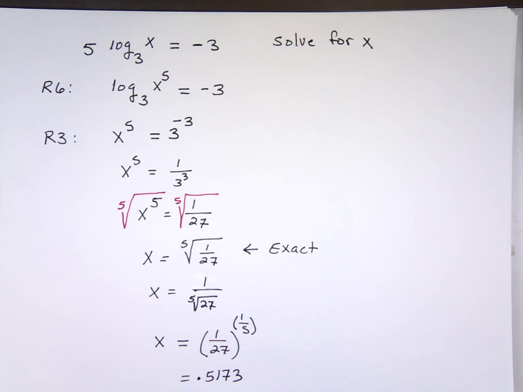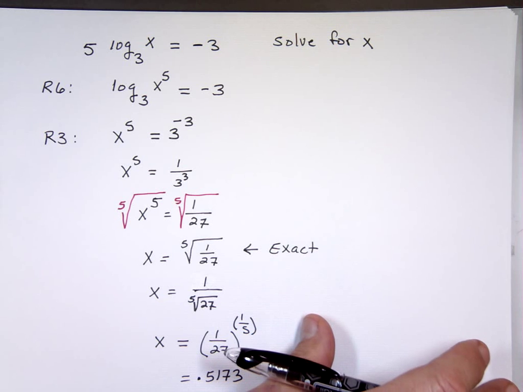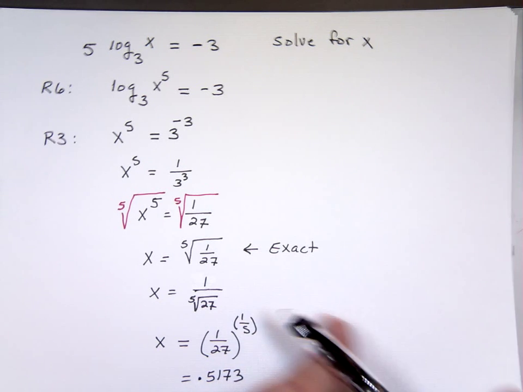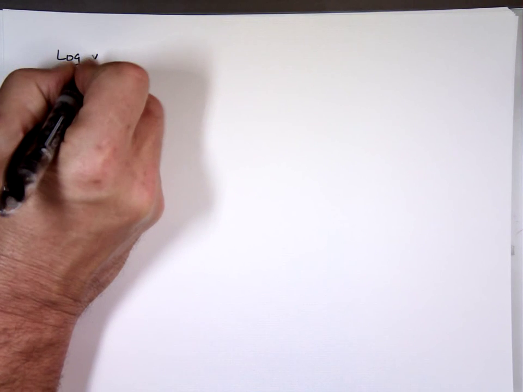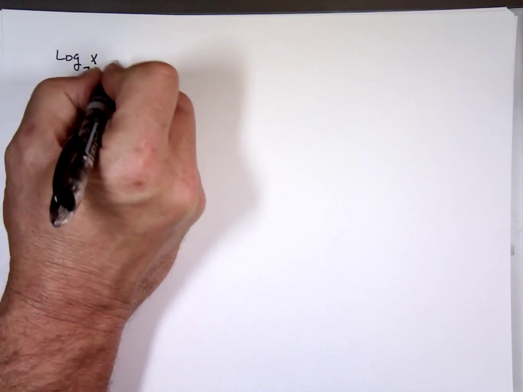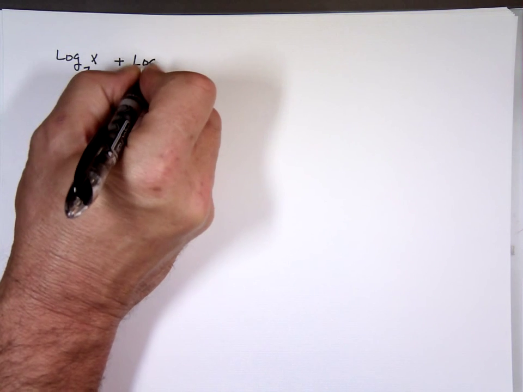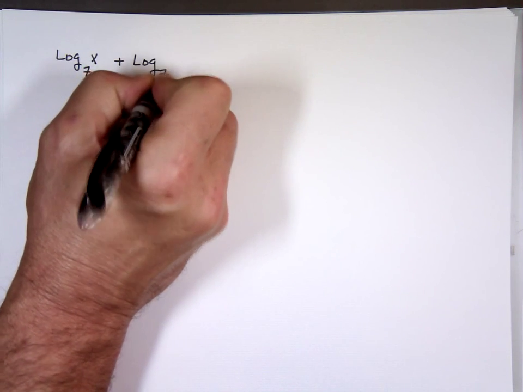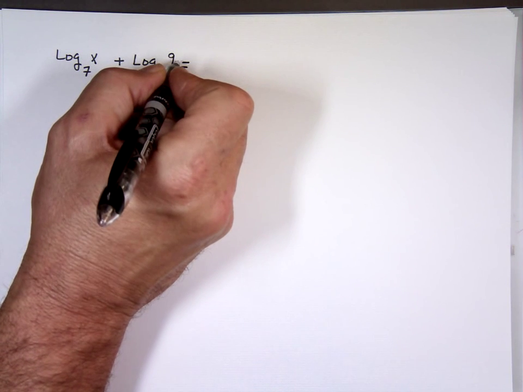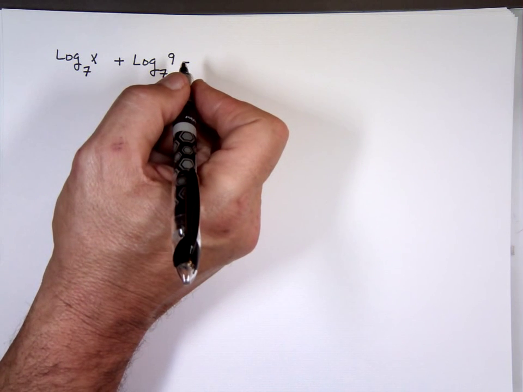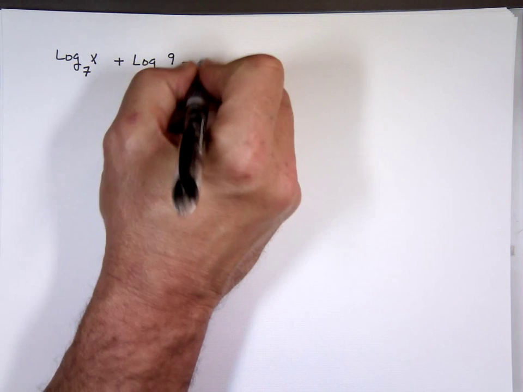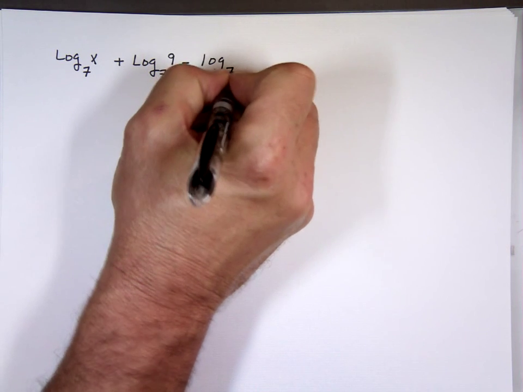Let's try another one. Log base 7 of x plus log base 7 of 9 equals log base 7 of 54.